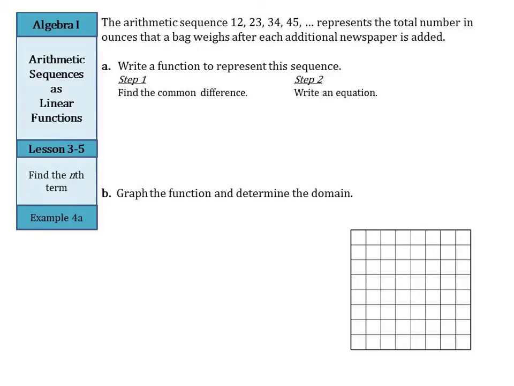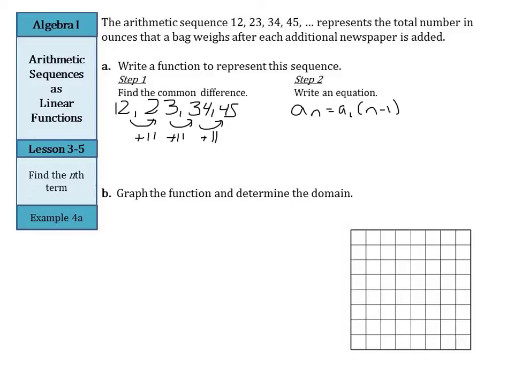So once again, we can find our common difference. We have our 12, 23, 34, 45. Our common difference here is we're adding 11. So when we go to write our equation, we again still start with an equals a1 plus n minus 1 times d. Substituting your first term is 12 plus n minus 1 times the common difference of 11.